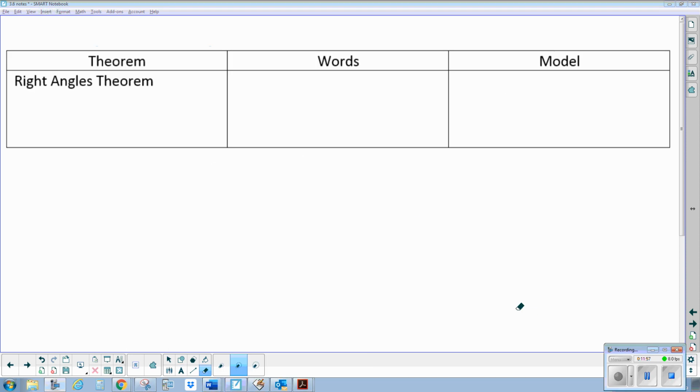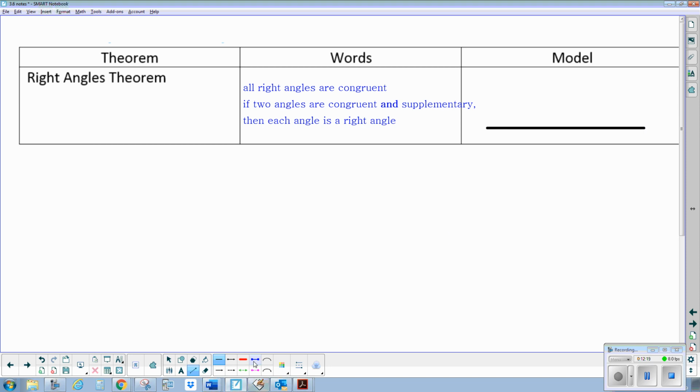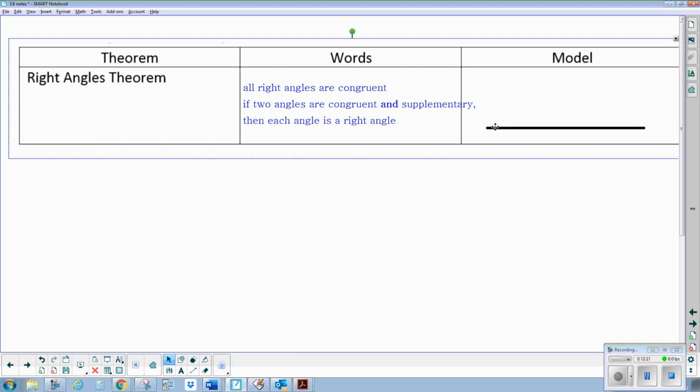And then the last theorem, the right angles theorem, all this says is that all right angles are congruent. And the second part of this is that if 2 angles are congruent and supplementary, then each angle is a right angle. So again, we'll use a linear pair.